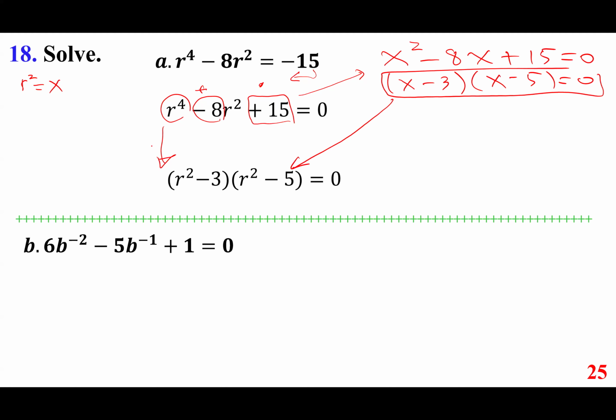I think either way is just as easy. And so R squared is either 3 or 5. So R is plus or minus square root of 3, or plus or minus square root of 5. Therefore, there are 4 answers.